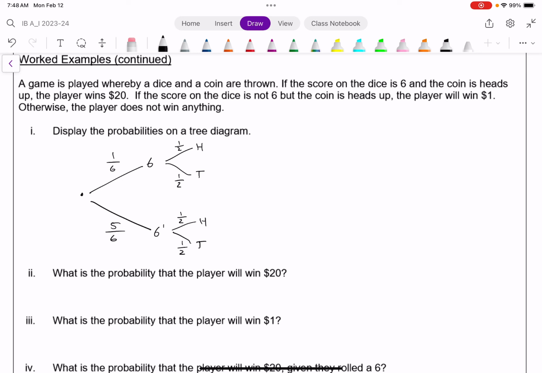Keep in mind, if I want to look at any one of these pathways, let's say the probability of not rolling a 6 and flipping tails, the probability of that would be 5/6 times 1/2, because these are independent events. What comes up on the dice has no bearing on the outcome of flipping the coin, and since I have the probabilities of these separately, I can just multiply them together.